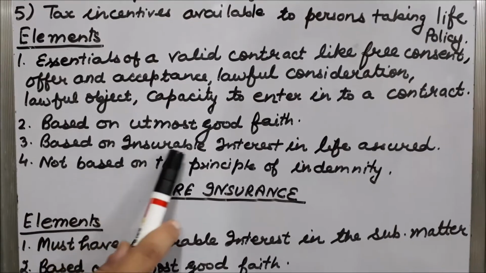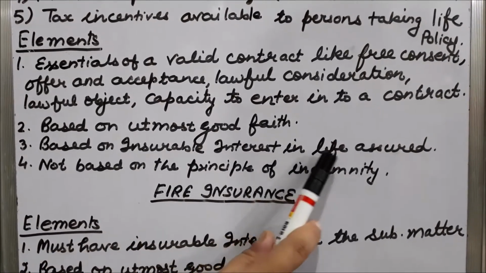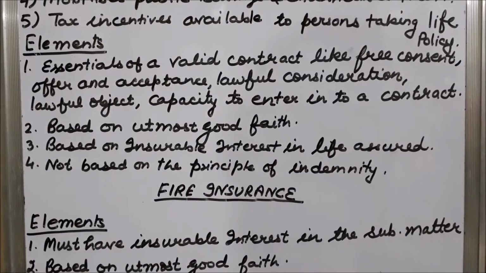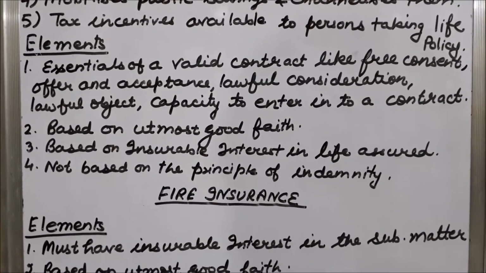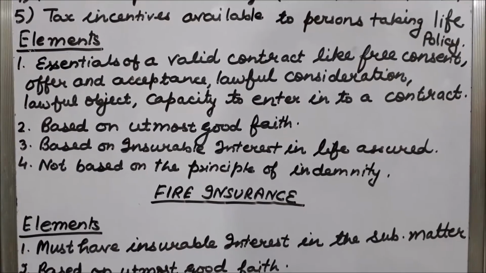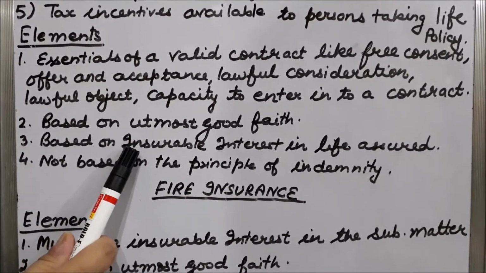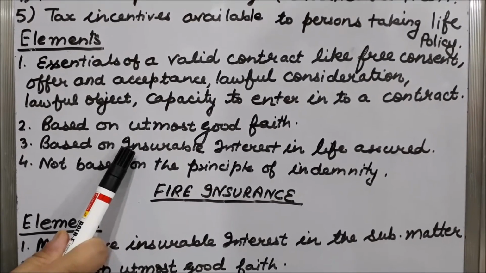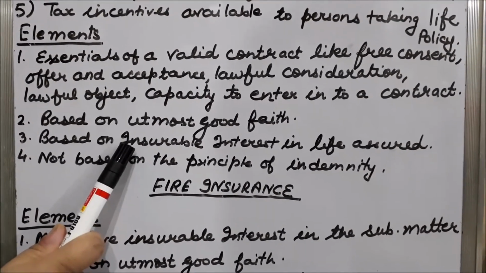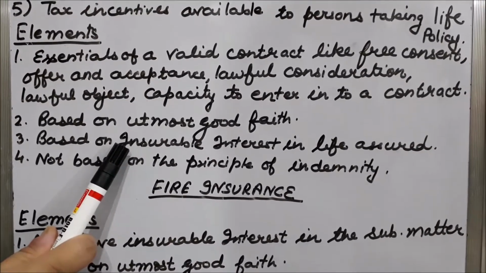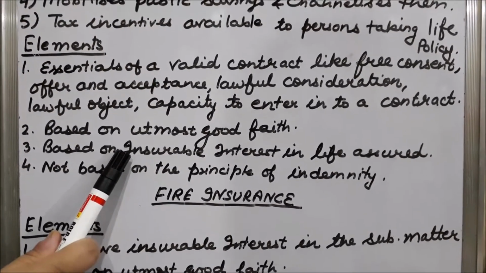Next, it is based on insurable interest in the life assured. Life insurance is based on the principle of insurable interest. The principle of insurable interest says that the person who is taking the life insurance policy must have an economic interest in the life of the person for whom he is taking the insurance policy.